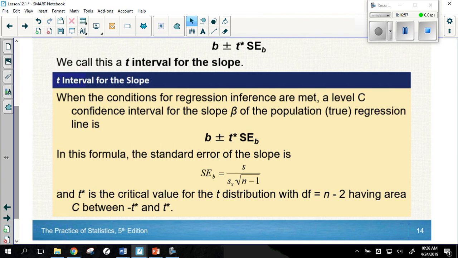Because if a 0 slope is included in there, then you can't say that there's actually a positive or negative relationship between your explanatory and response variables. You would like to see some sort of an increase or decrease, which would be denoted by a positive slope or a negative slope. So if 0 is in that interval, then it might be the case that there isn't any type of relationship.